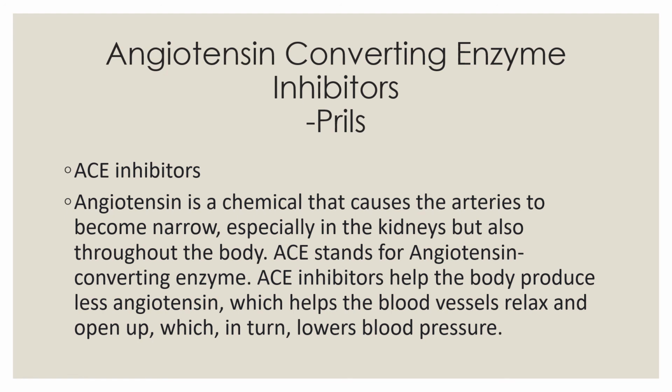So we know that we can't allow our kidneys to have a lot of vasoconstriction, because when the blood gets cut off or lessened, then we have kidney damage, which directly leads to hypertension. So these ACE inhibitors help the body to decrease angiotensin production, which allows more vasodilation to allow blood to flow through the vessels easier, which lowers the blood pressure.